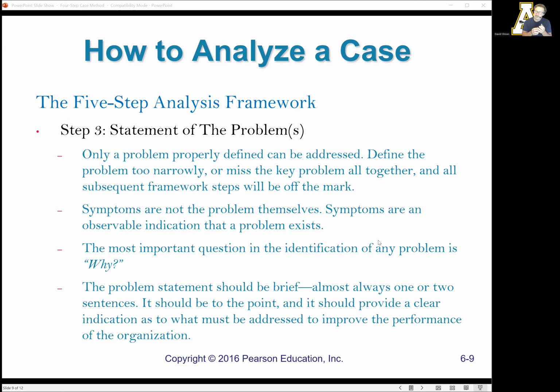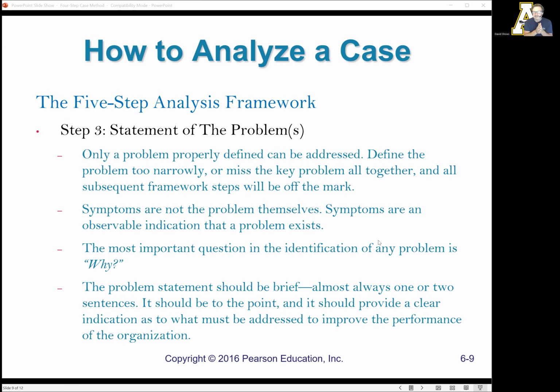Why did it show up this morning? Well, it was from something that happened the night before. Well, what happened the night before? You start to dig and delve and try to understand and attain the information to be able to give a greater idea of what the problem is.